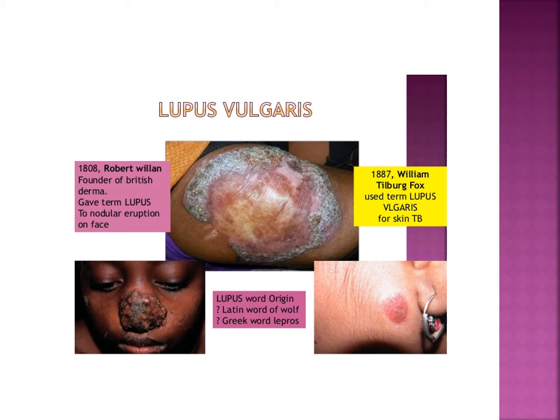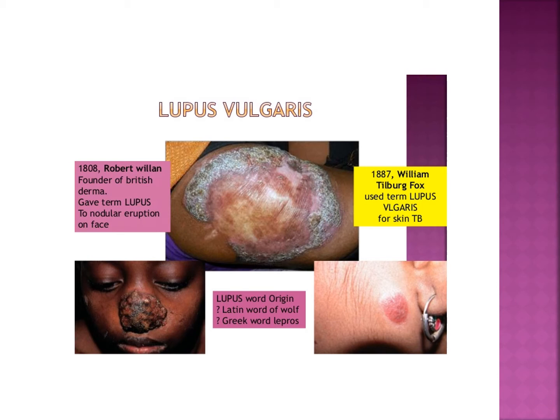Here I am trying to show some of the typical lesions of lupus vulgaris, which we earlier mentioned is mostly caused by hematogenous spread from a primary source like pulmonary tuberculosis.